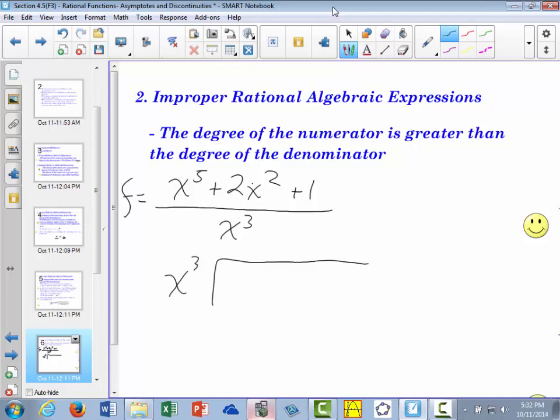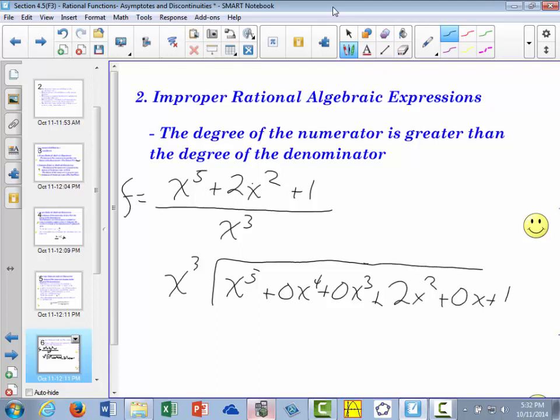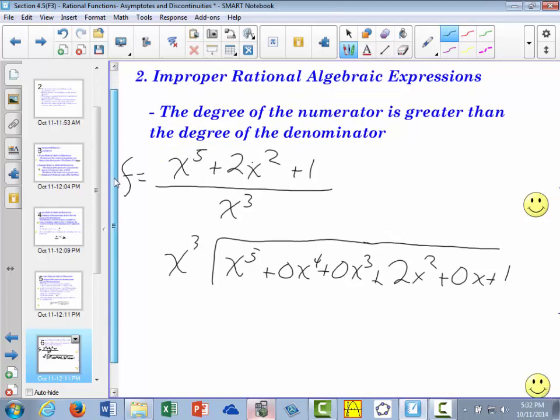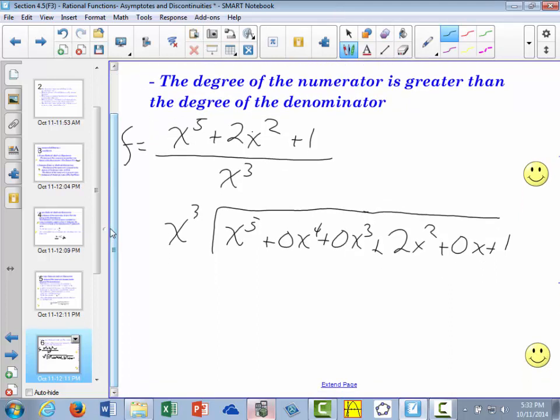X cubed into x to the fifth plus, okay, there's no fourth or third term, so 0x to the fourth plus 0x cubed plus 2x squared plus 0x plus 1. And we're going to divide this function here. So x to the third goes into x to the fifth x squared times.